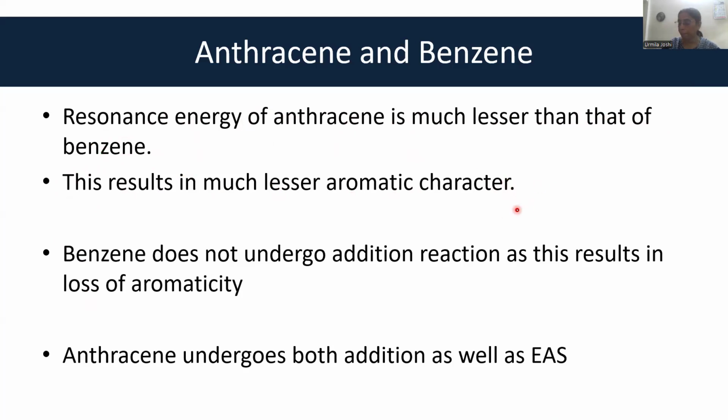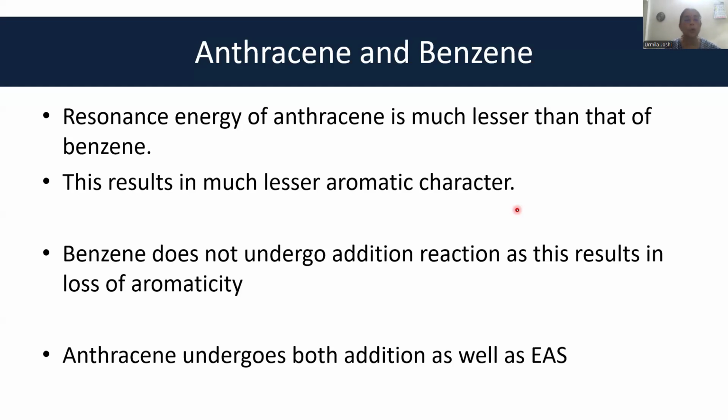Benzene is aromatic, and one characteristic of benzene that we saw was benzene does not undergo addition reaction, as this results in loss of aromaticity and loss of stabilization due to aromaticity. Instead, benzene undergoes electrophilic aromatic substitution, which retains the aromaticity.